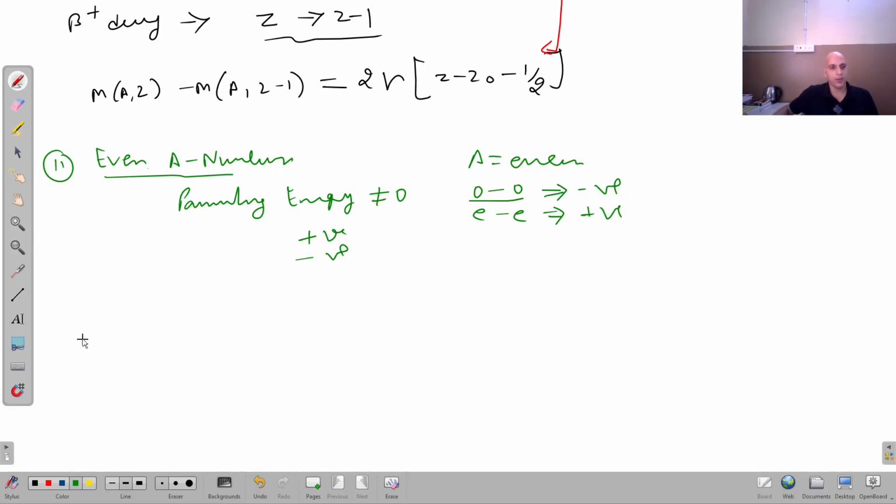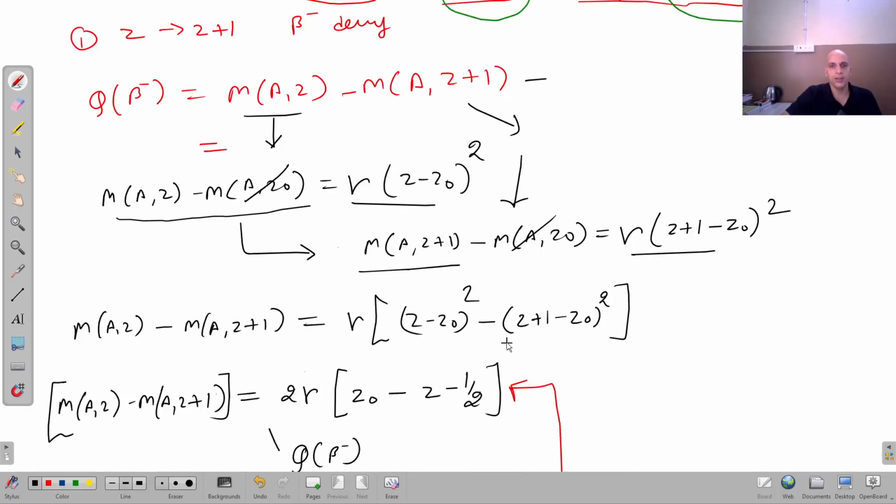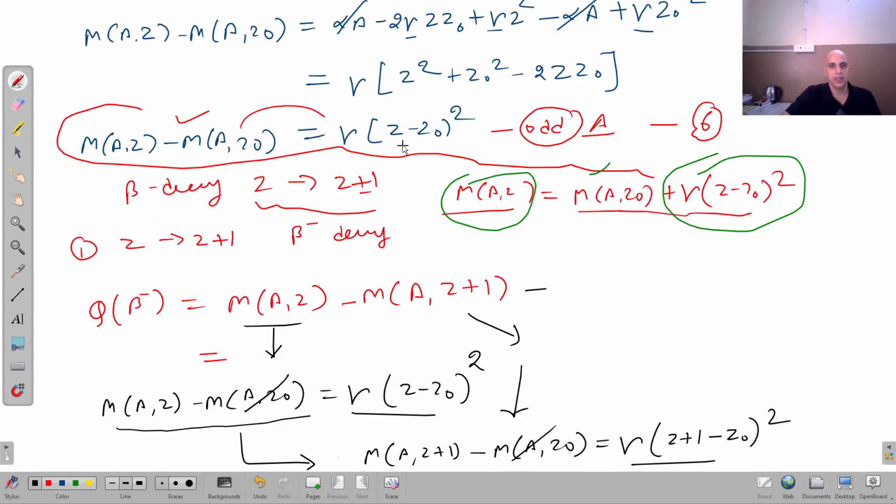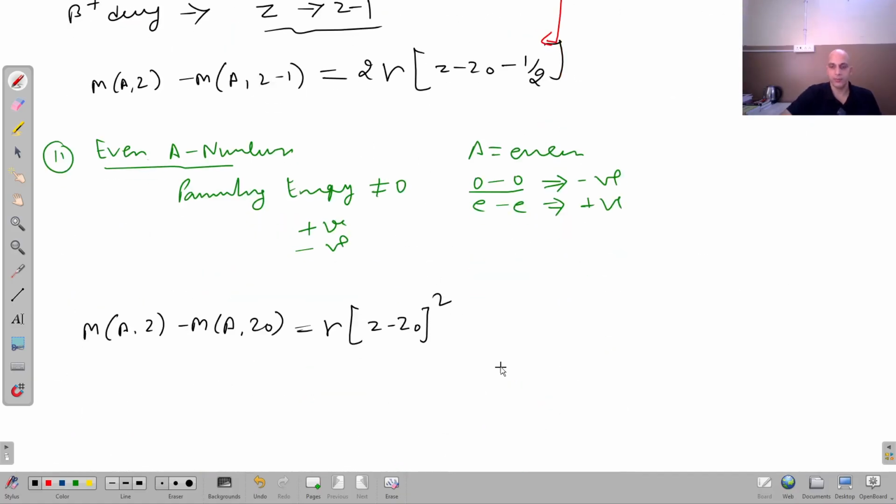Then the equation of mass parabola for this case becomes M(A,Z) minus M(A,Z naught) equal to gamma into (Z minus Z naught) whole square, exactly the same as we got here, but we will get an additional term, plus 2 delta for odd Z and 0 for even Z. So two possibilities will be there, and we will have two terms here.